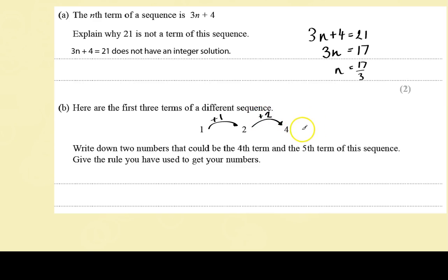So the next term I would get by adding 3, which would give me 4 plus 3 gives me 7, and 7 plus 4 gives me 11. Okay, it's really good to show this, how you're getting the next term, so that helps with your explanation.